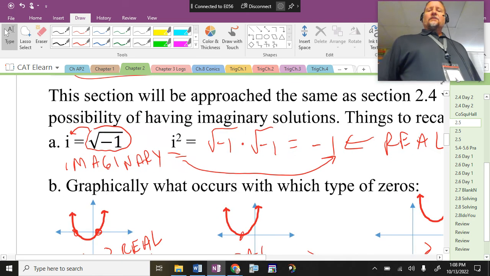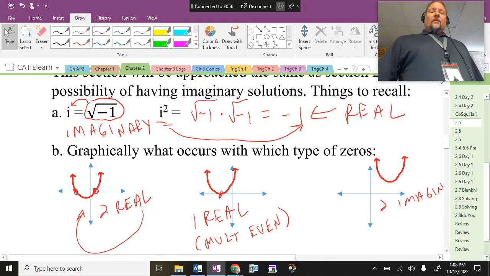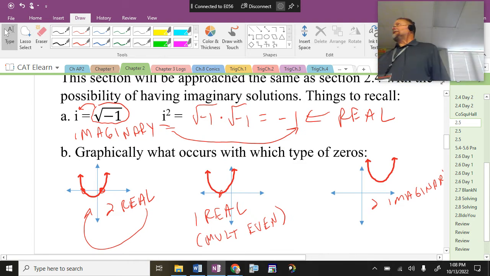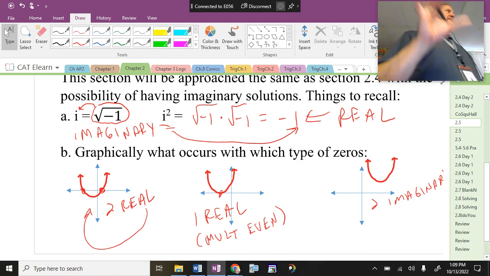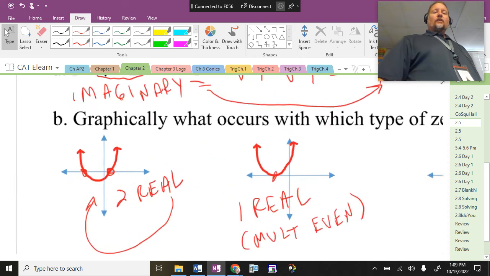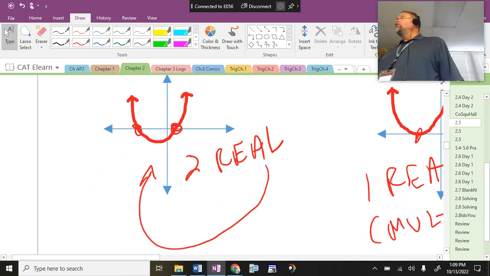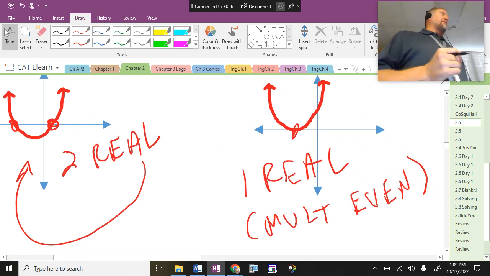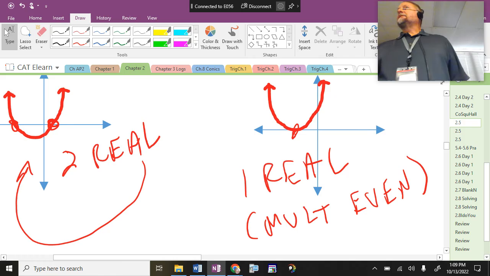And then one more thing, because we will be talking graphically quite a bit about these. When you dealt with this, it was with parabolas. All right. And 3 things could happen with a parabola. Let's just call it a parabola going up. You could have 2 x-intercepts. Those would be 2 real solutions, 2 real zeros. You could have 1 x-intercept where the graph bounces off the x-axis.